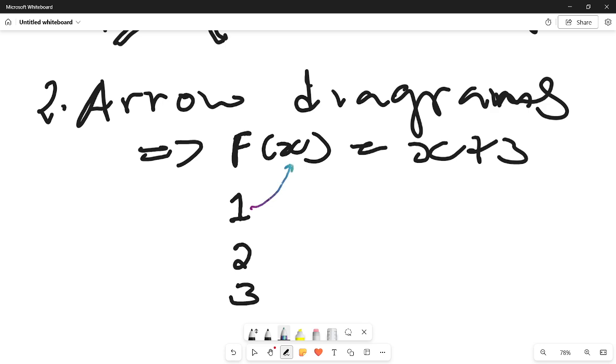So where there's x, we are going to have 1 added to 3. So 1 added to 3 will give us 4. So in this case, our output will be 4.